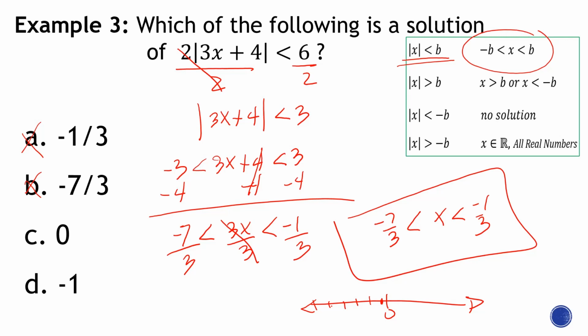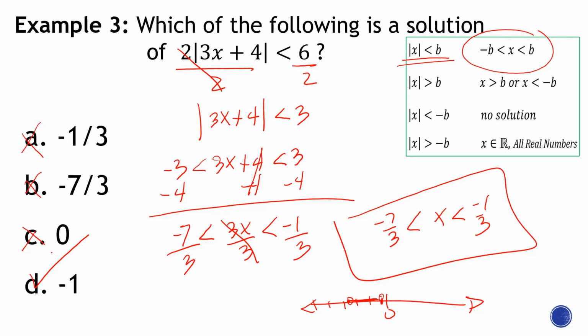Negative 7 over 3 is 2 point something, so it's somewhere here. We use all the numbers in between. The number in between is obviously 1. 0 is outside of that. So the answer is letter D.